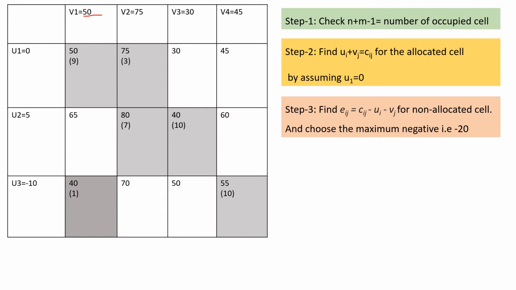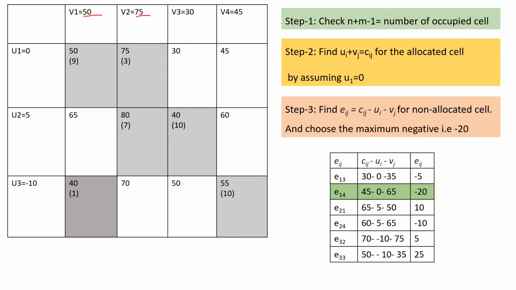And for this cell, 0 plus V2 equals 75, so V2 becomes 75. The same procedure applies for the remaining allocated cells, and we get U2, U3, and V3 equals 30, and V4 equals 35.